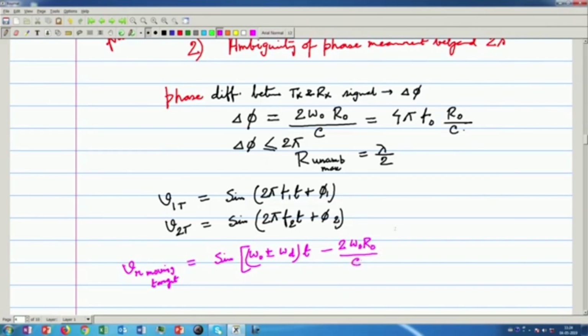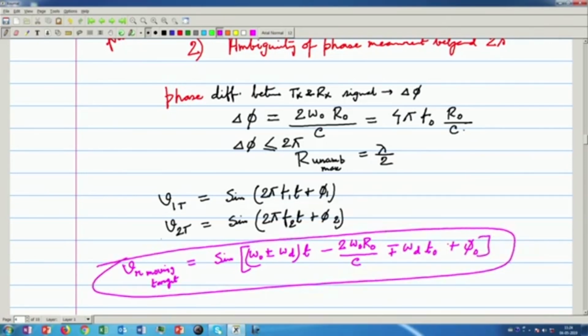That time I said keep it, later we will use it, now we will use it. This was the expression that we derived earlier.